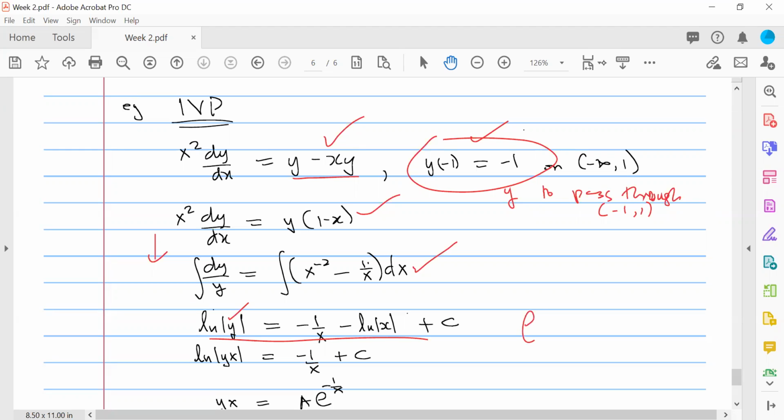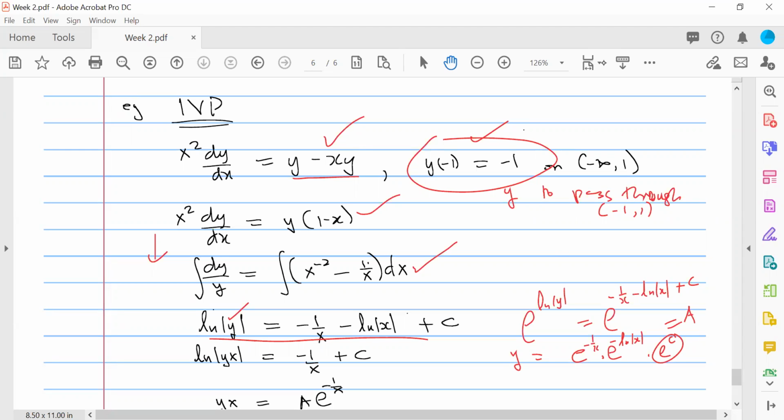So I have e to the power ln of y is equal to e to the power minus 1 over x minus ln the modulus of x plus c. All right, then on the left hand side I have y. On the right hand side I have e to the power minus 1 over x times e to the power minus ln the modulus of x times e to the power c. So this is a constant, I can call it a.